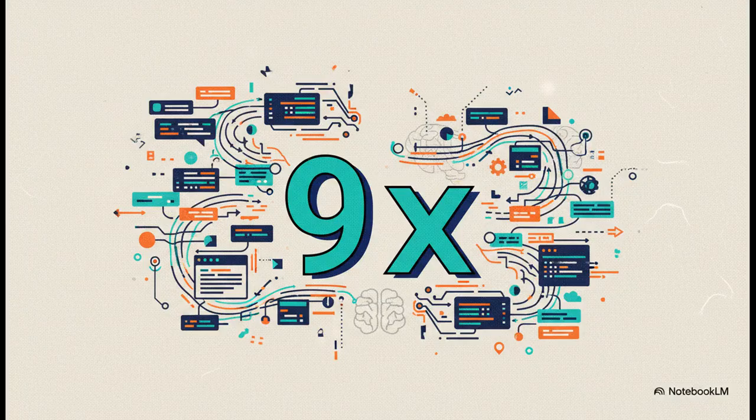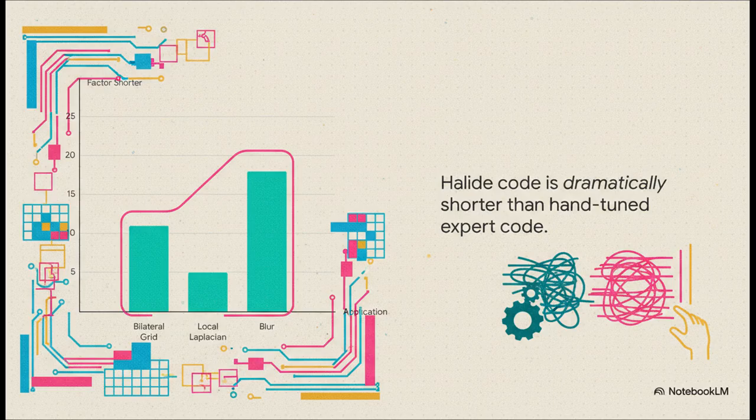Let's just pause on that for a second. 9 times faster. The code written by the expert probably took weeks, if not months, to write, and painstakingly optimized. The Halide auto-tuner found a better solution automatically, discovering performance strategies that were completely non-obvious to even the smartest human experts. But get this, it's not just faster, it's also dramatically simpler to write.